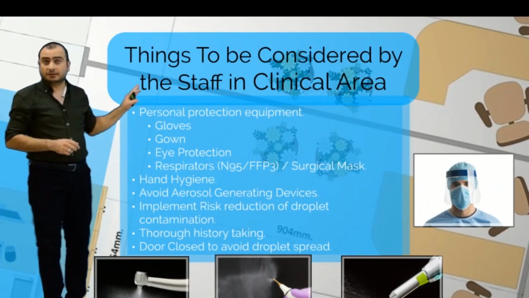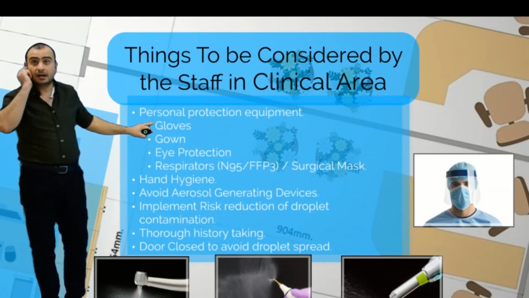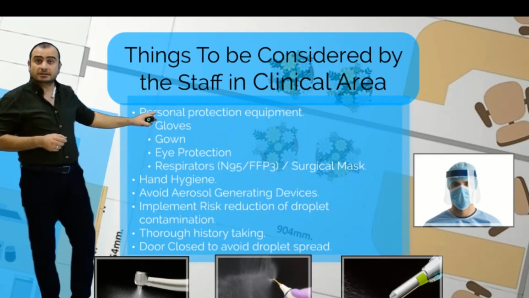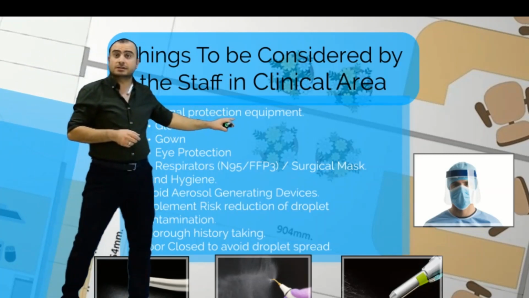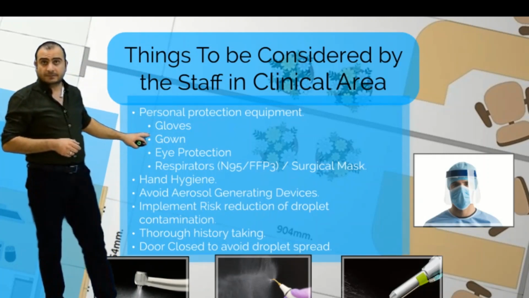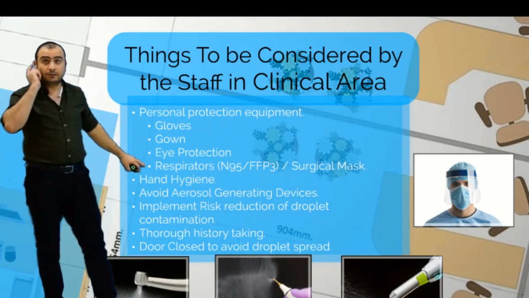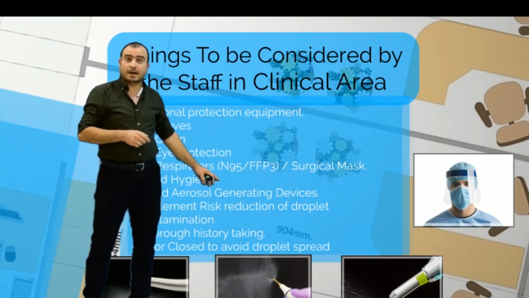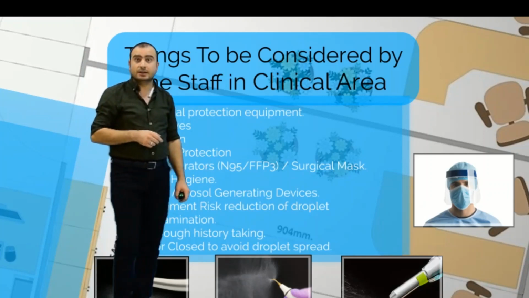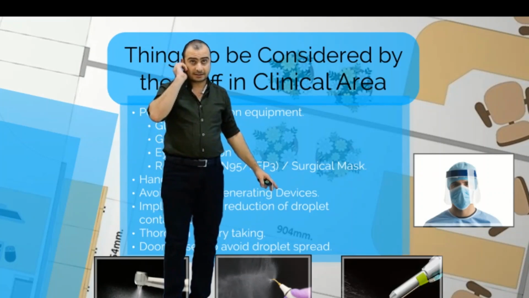Things to be considered by the staff when patients are present within the clinical area include the personal protection equipment, which is the most important thing during this time, including the gloves, gowns, surgical gowns, the eye protection, and the respirators in the form of N95 as the recommendation of the CDC, or the FFP3 as recommended by the NHS.